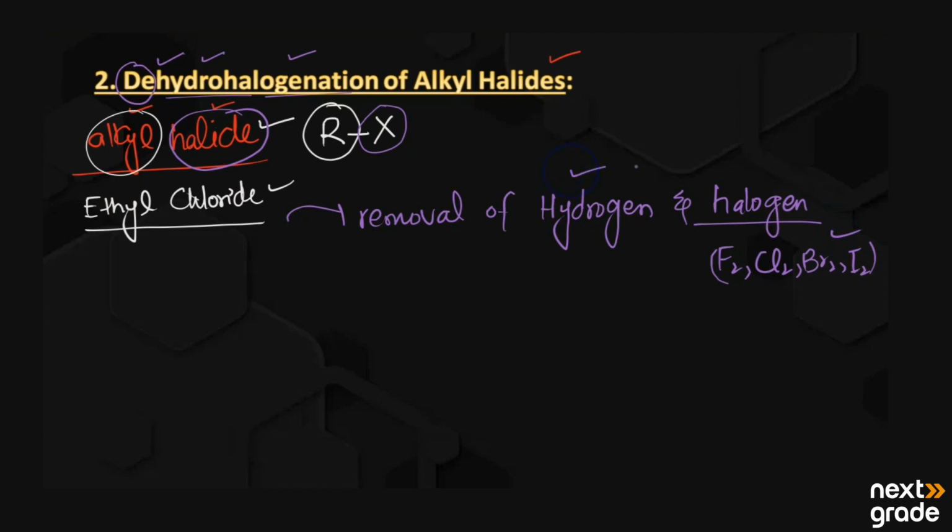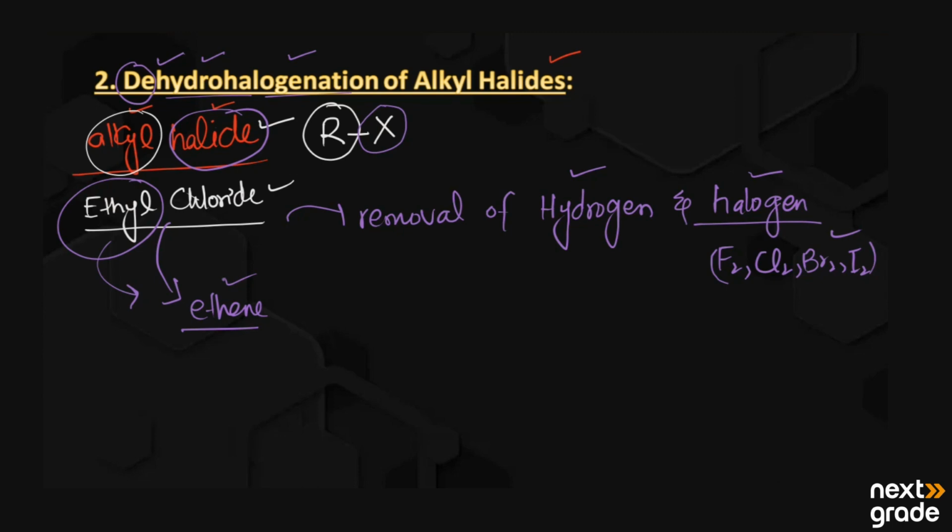There is a removal of hydrogen and a halogen atom from two adjacent carbon atoms. For example, if we have ethyl chloride, then we will get ethene. The radical will produce the same number of carbon atoms in the alkene.